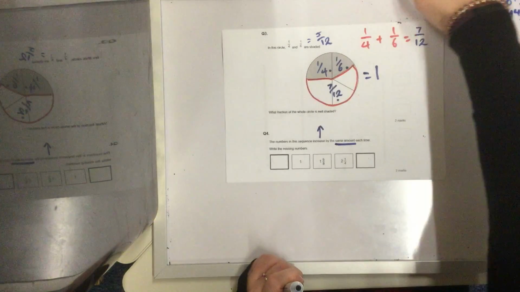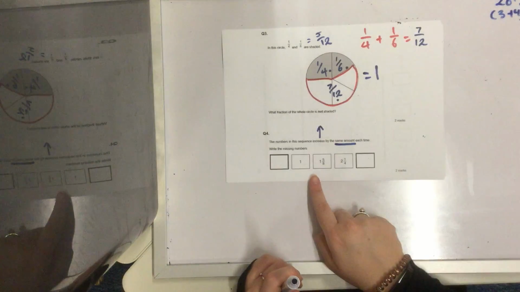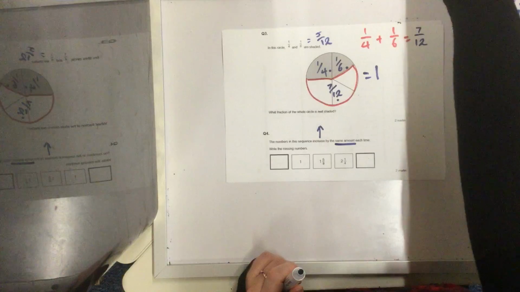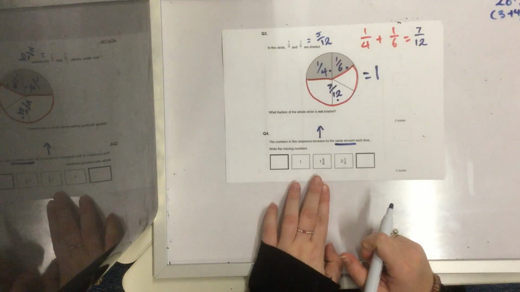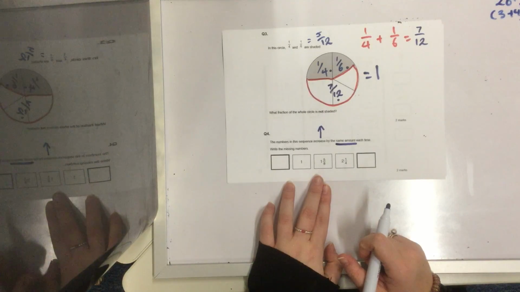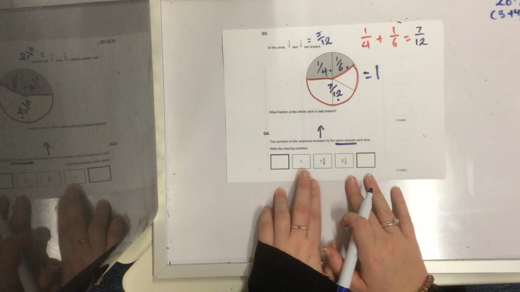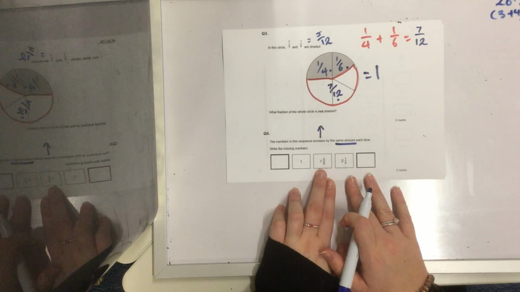But if you look carefully at them, you can see that there are two of these fractions where the difference is quite obvious. If you look here, you've got 1 whole, and then here you've got 1 and 5/8.